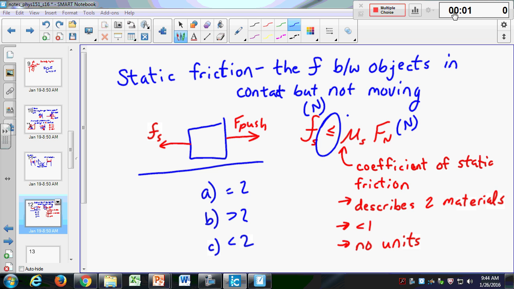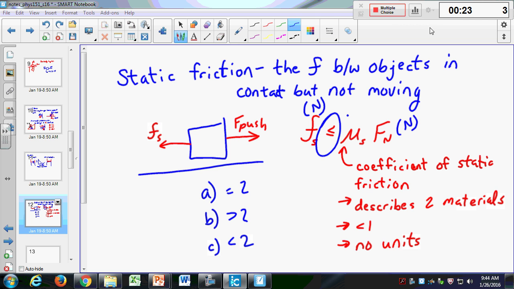I push on this table with a force of 2 newtons in this direction. You see me? I push on with 2 newtons. What is the magnitude of the static frictional force? Is it equal to 2, greater than 2, or less than 2? Go ahead and put in your answer.